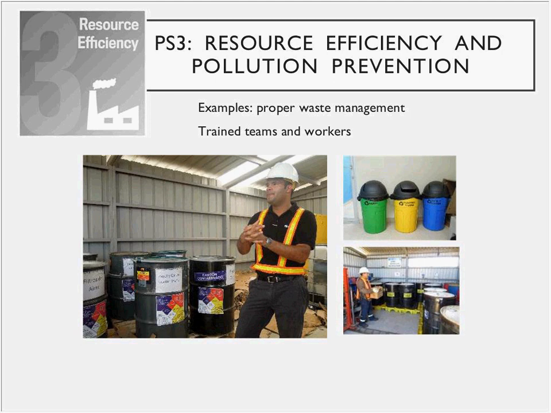And we have permanent training of the teams and workers, making them conscious of how dangerous it can be to drop waste just anywhere, because sometimes we do have to work with very dangerous materials.